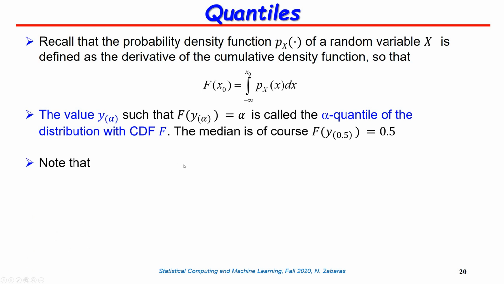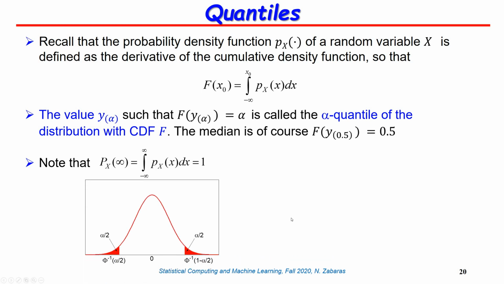Okay, so I can also define this tail area probability. Let me put this schematic up, and I'm going to indicate the schematic for the standard Gaussian to start with. What you see here is the standard Gaussian, and I'm indicating two locations.